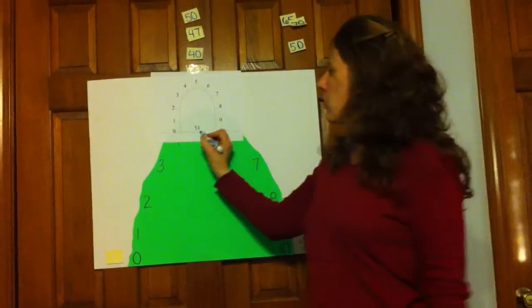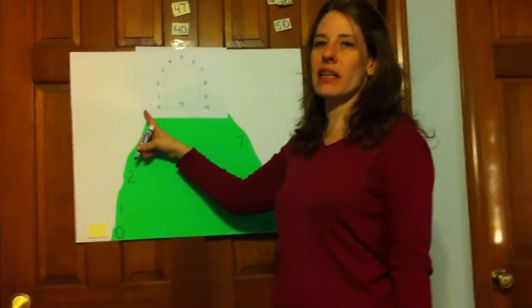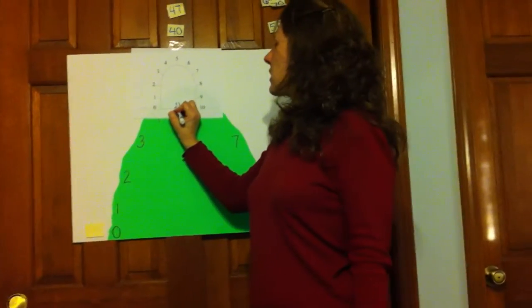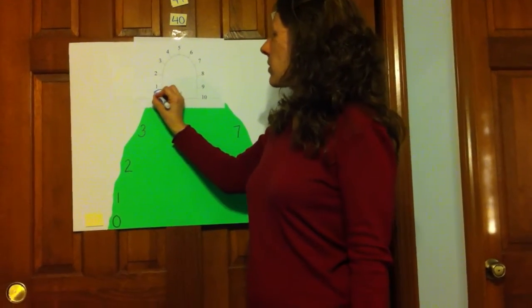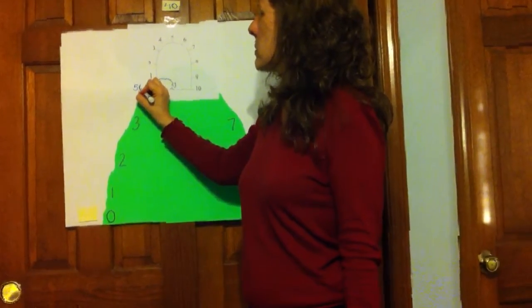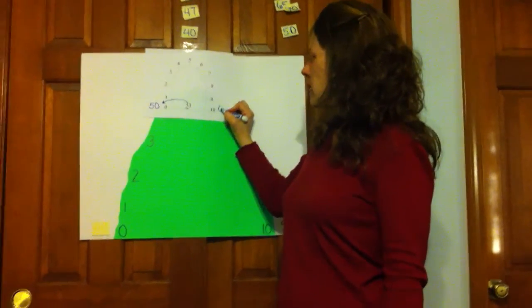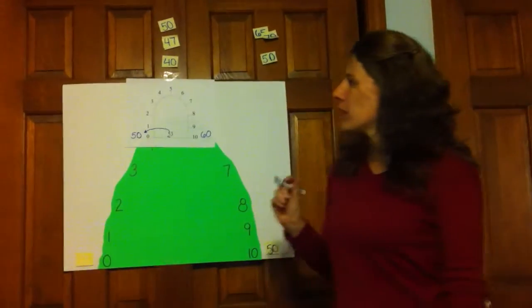So first we look at which place, the tens place or the ones place, when we want to know what number to write. Tens. So we're going to take that same number, write it over here with a 0, and then what's one bigger? 60.